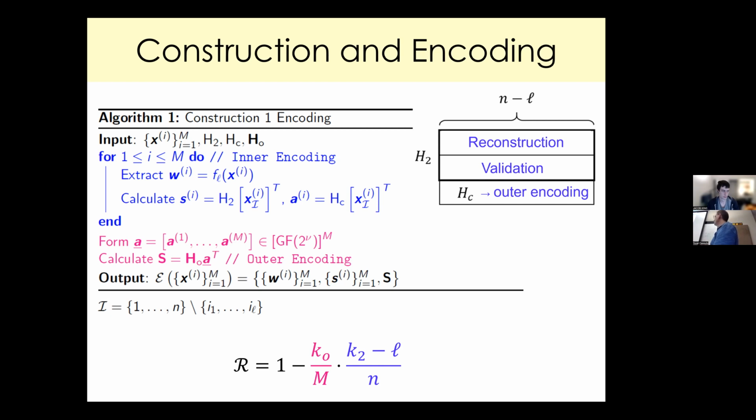And then the residual, this full matrix is a full rank square matrix. We use the remaining rows to calculate some input that will go into the outer encoding. And the rate, you can see it's the product of the rates. It's one minus the product of the rates of the outer code and the inner code.